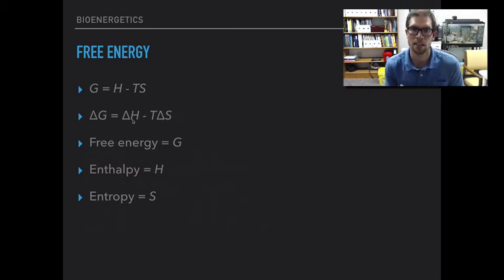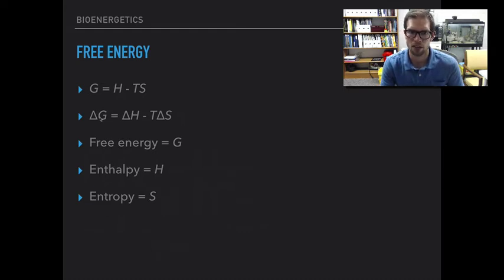So enthalpy is the energy of a chemical bond, and T is temperature, delta S then is the amount of disorder. So you can imagine a system where you have increase in disorder. If you have increase in disorder, there's going to be more free energy released. Also, if you have a system which is going to release energy from chemical bonds, this is going to lead to more delta energy being free.